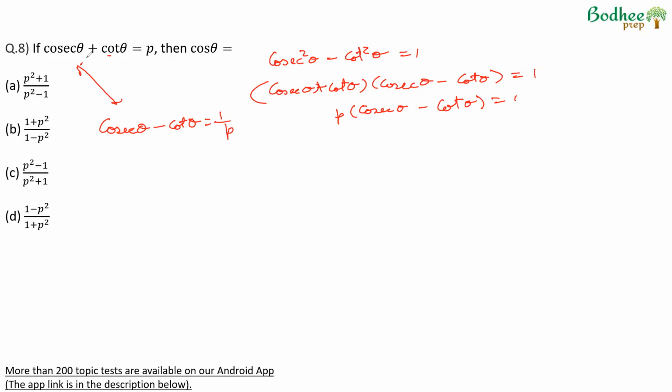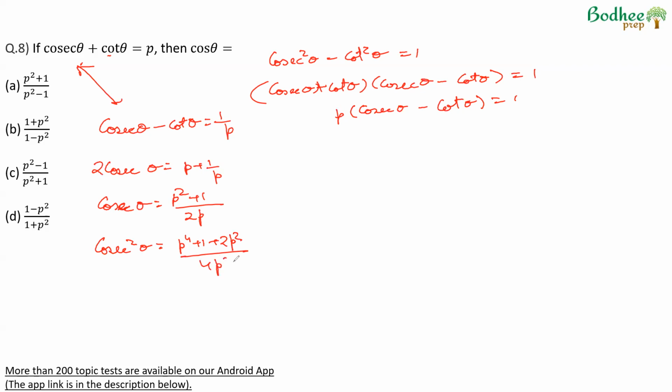If we add these two, we will get 2 cosec theta is equal to P plus 1 by P. And therefore, cosec theta is equal to (P square plus 1) upon 2P. Therefore, cosec square theta will be (P raised to power 4 plus 1 plus 2P square) upon 4P square.